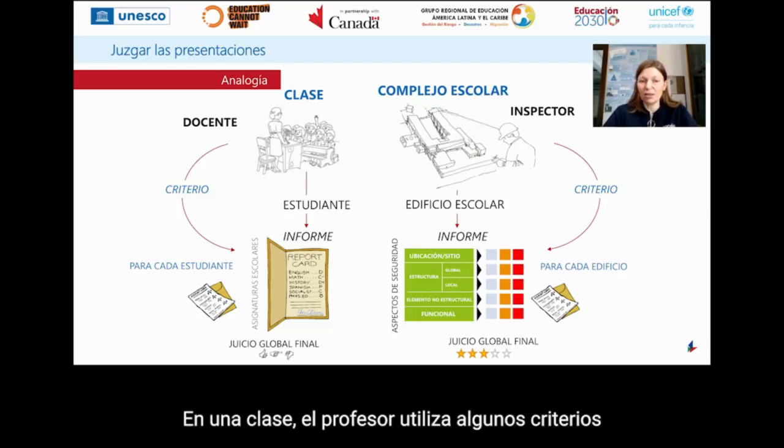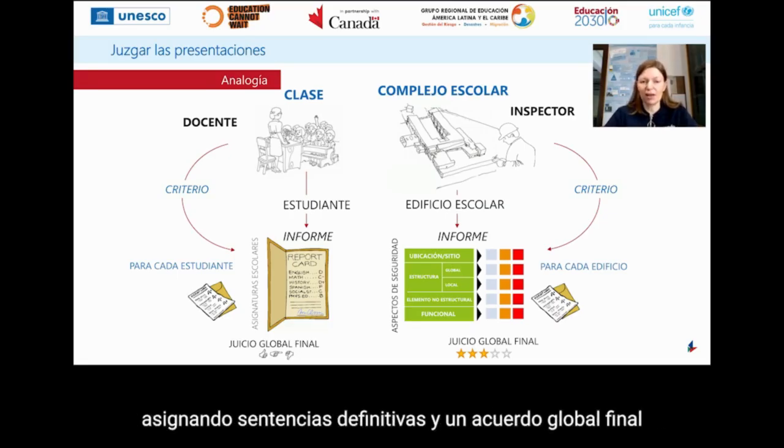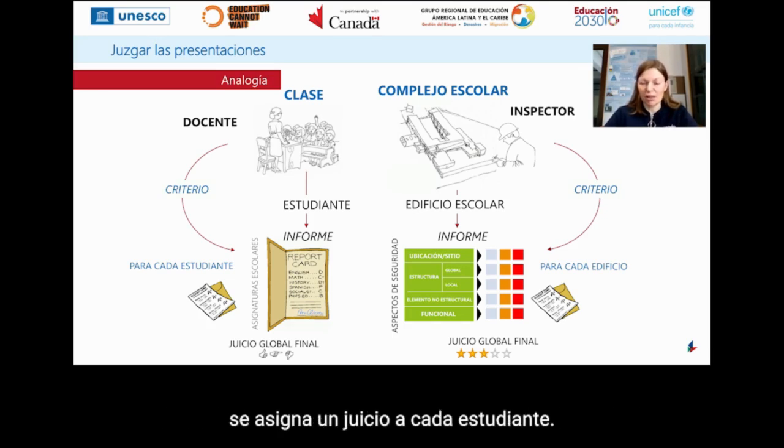In a class, the teacher uses some criteria and evaluates the students through a report card, assigning final judgments, and a final global judgment is assigned to each student. In a similar way, we wanted to assign a judgment to the school complex.